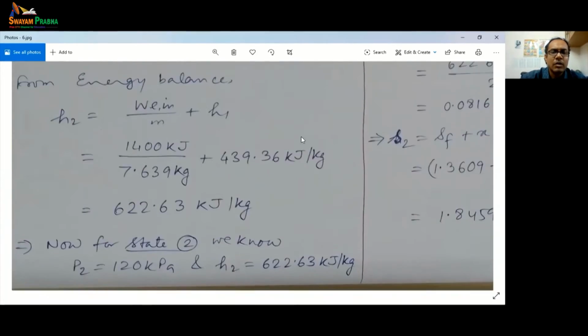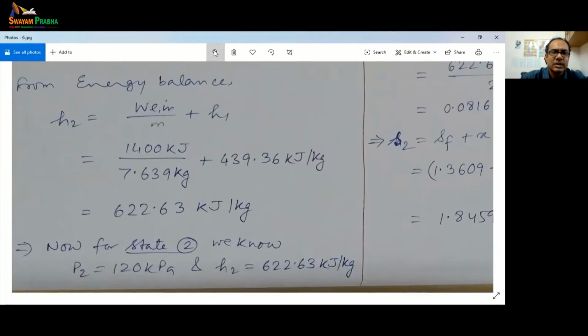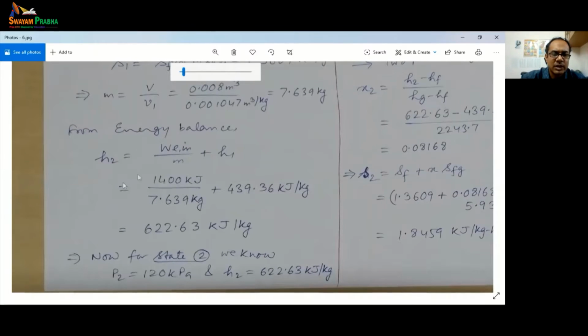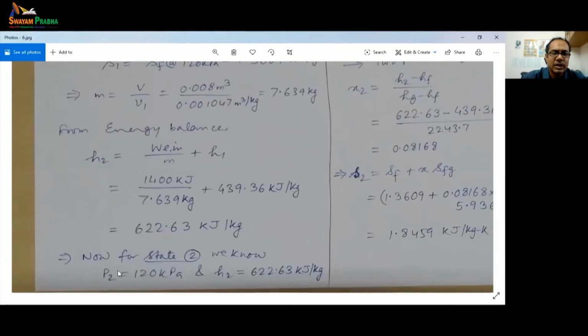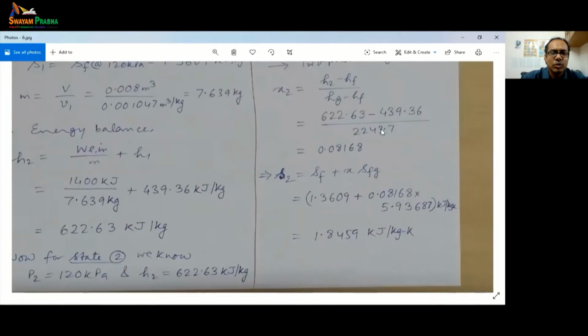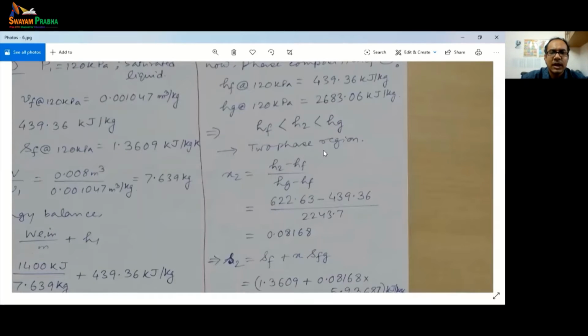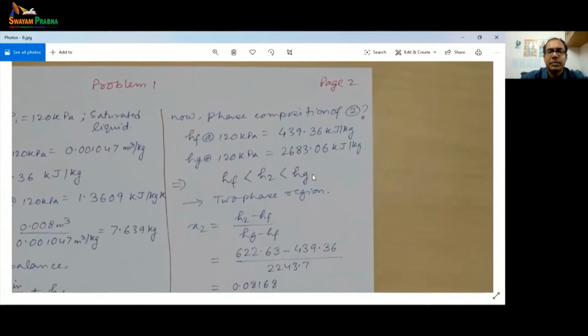Okay, so now what we know for state 2: we have just figured out the specific enthalpy of state 2, and it is also given that the pressure at state 2 is 120 kilopascal. So pressure is not changing. If that is the case, then we know two state properties and we will be able to find the other properties.